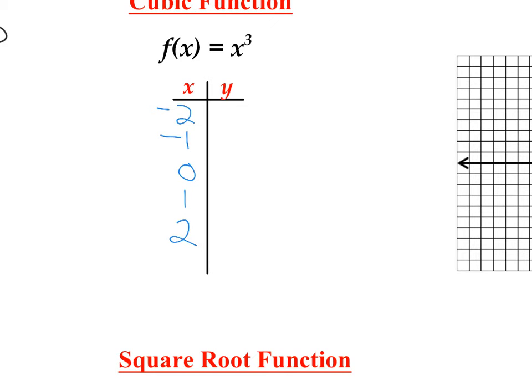And if I'm thinking about what is -2 cubed, -2 to the third power, that's -2 times another -2 times another -2. Well, that would result in a -8. If I did the same thing with -1, I'd get -1, 0 is 0, 1 is 1, and then 2 would be a +8.